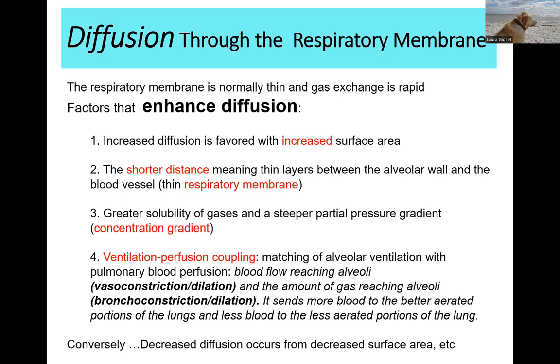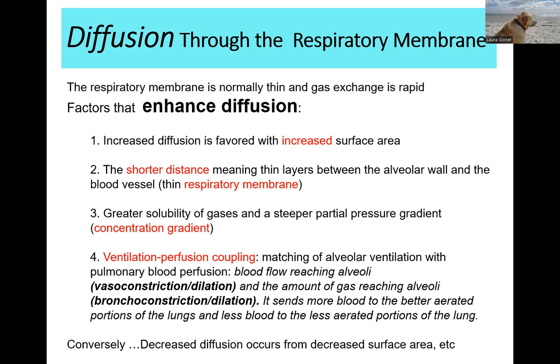Right? And then down below it says, conversely, decreased diffusion occurs when you have decreased surface area, increased diffusional thickness, and rather stable or not very different concentration gradients that don't really allow very much diffusion to occur.